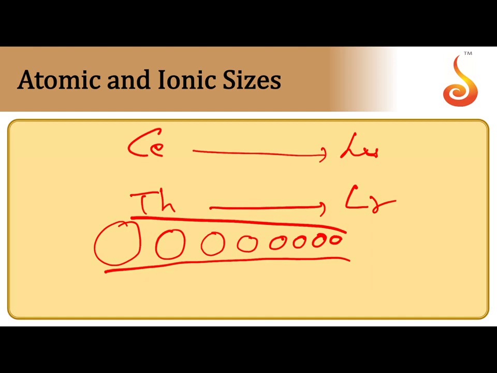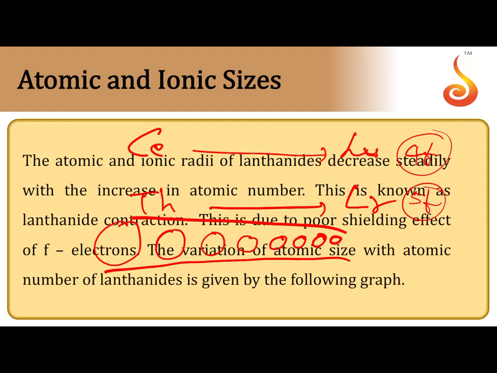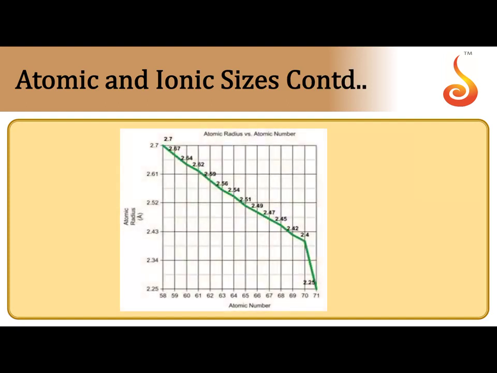Similarly, the gradual decrease in atomic size or ionic size in actinoids is called actinoid contraction. Lanthanoid contraction is due to the poor shielding effect of 4f electrons. Similarly, actinoid contraction is due to the poor shielding effect of 5f electrons. The degree of contraction is more in actinoids when compared with lanthanoids.